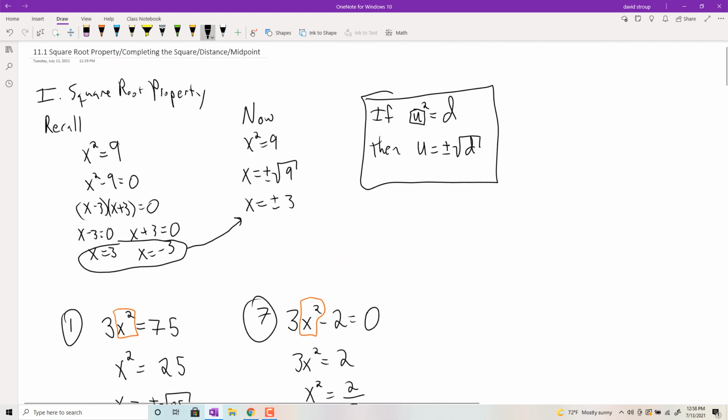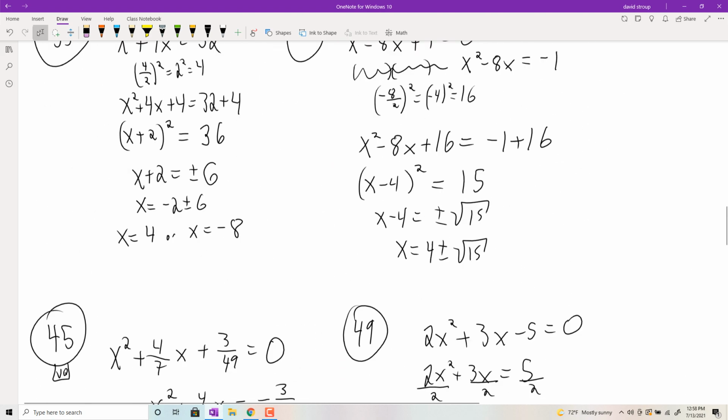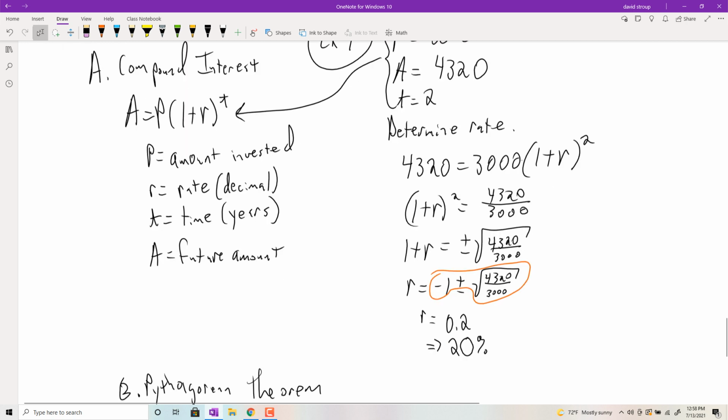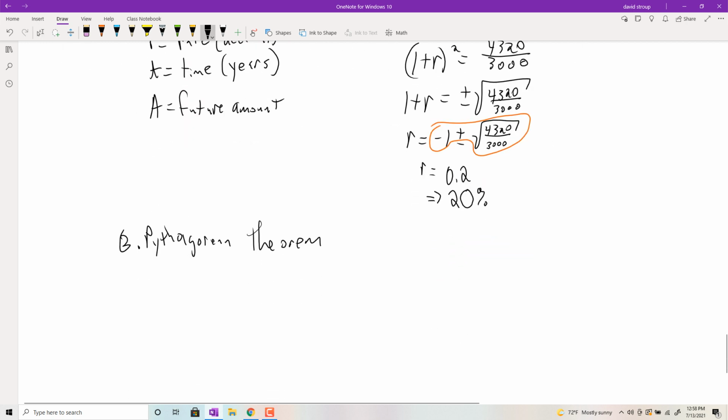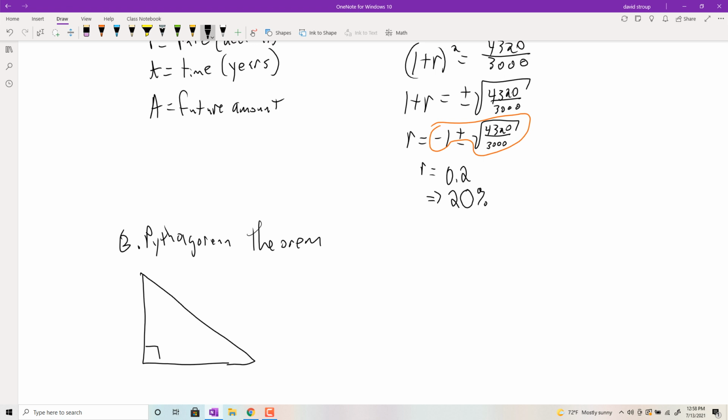You always have to have that plus or minus there. But in these applications, you're kind of always throwing away the negative part, and I think that's a bad habit. So people end up forgetting the plus or minus, and it just becomes a bad habit. And I catch people doing it even once they get to calculus. So I hope you're not like that.